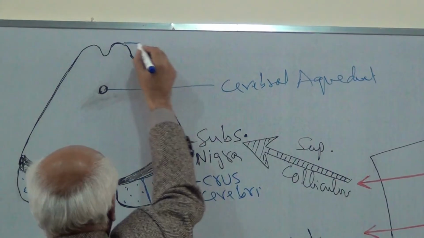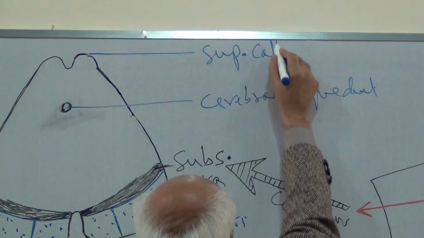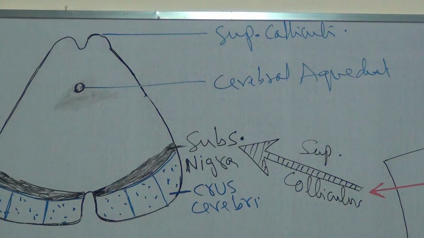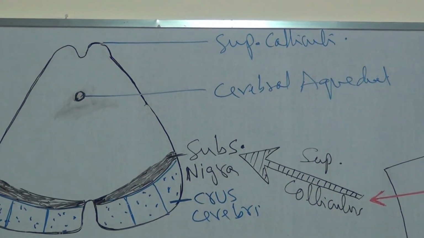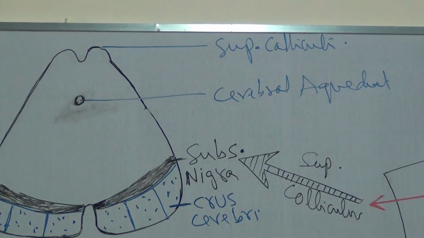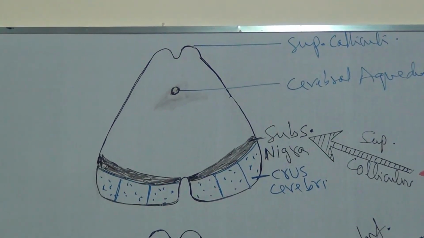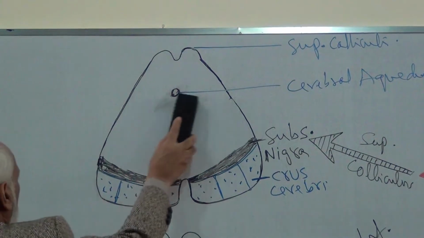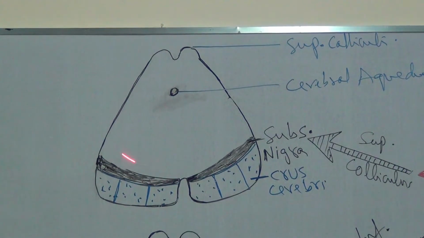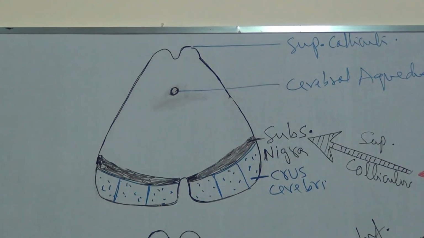This cross section shows superior colliculi, one right and one left. Now, the crus cerebri, comprising descending tracts, we already discussed in detail.